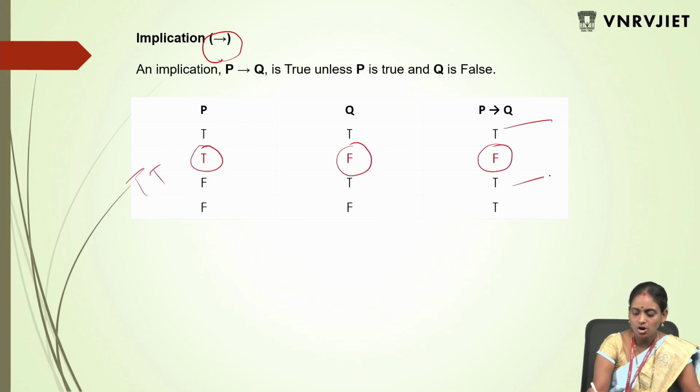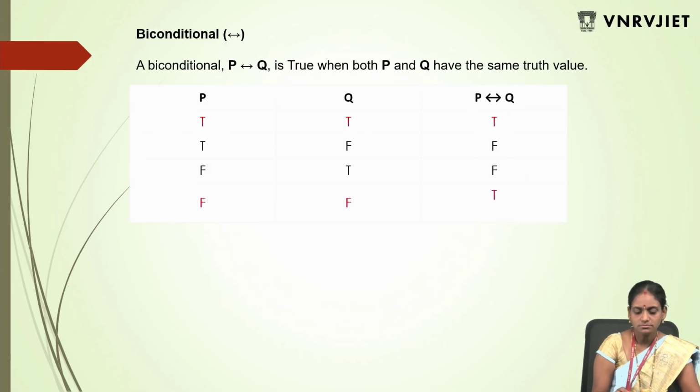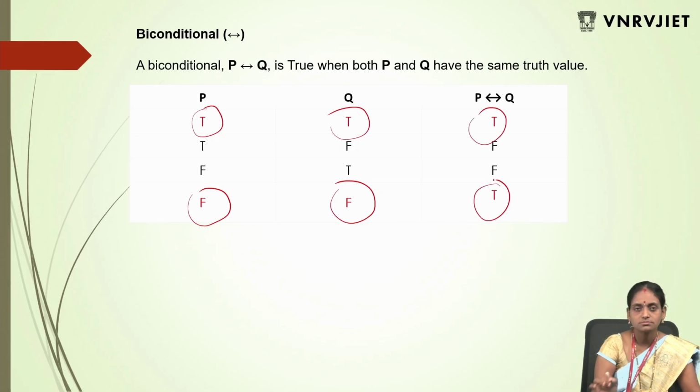In all remaining cases, true. So this is the corresponding truth table for implication. And next, biconditional, where we find the difference. If both statements are true or both statements are false, in that case the resultant is true only. In remaining cases, the resultant is false.